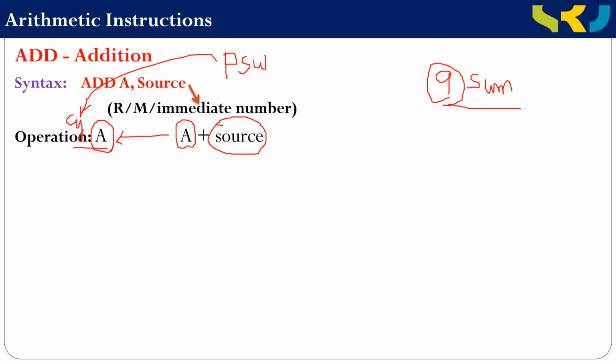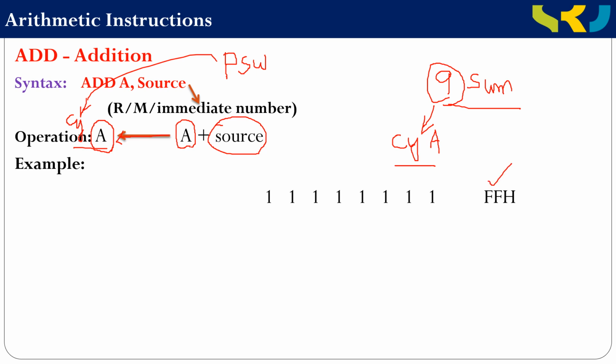So combinedly we need to read like this. The result is read as carry and accumulator value, total 9 bits. Let us see one example of how the 8051 microcontroller performs the addition of two 8-bit numbers. Let us consider a first number FFH.